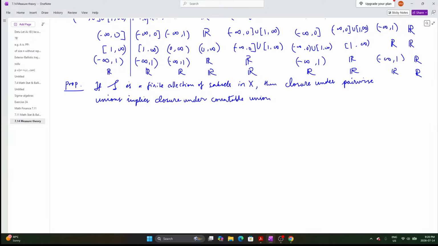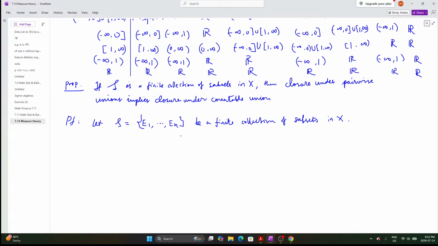Okay. So here, let's try to prove this result. Basically, you have a finite collection. So let S be E1 all the way to En, be a finite collection of subsets in X. Right?